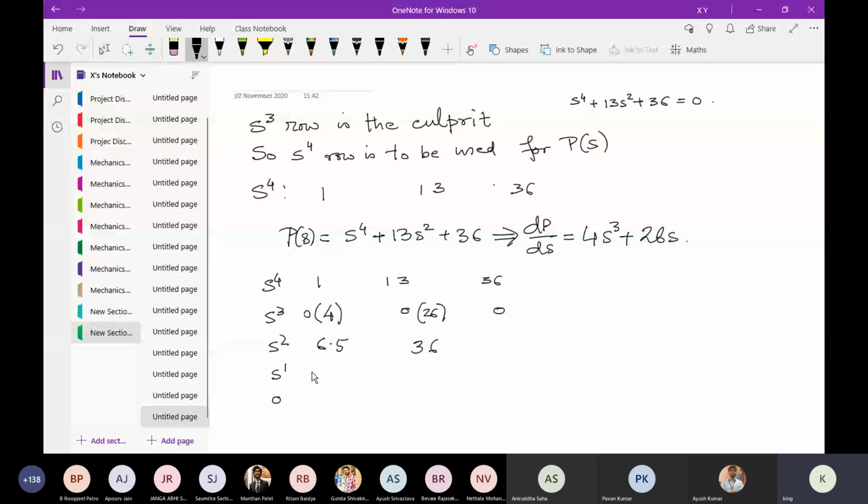And then some more complicated numbers out here. Sorry, this should be s to the power 0, yes. So, do we have sign changes? No sign changes.